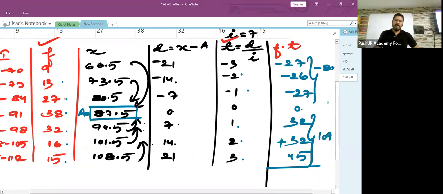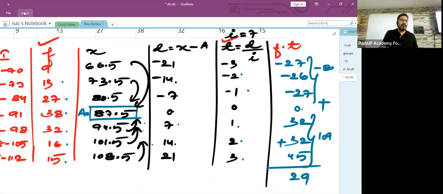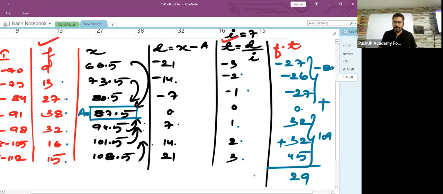All right. Then 109 plus minus 80 is how much? Positive 29, right? So children, you are able to find sigma f into t. Sigma f into t is equal to positive 29.